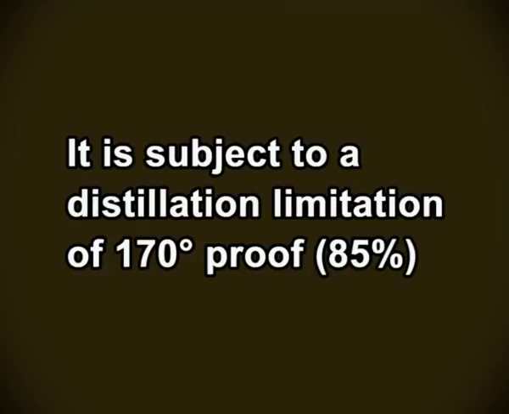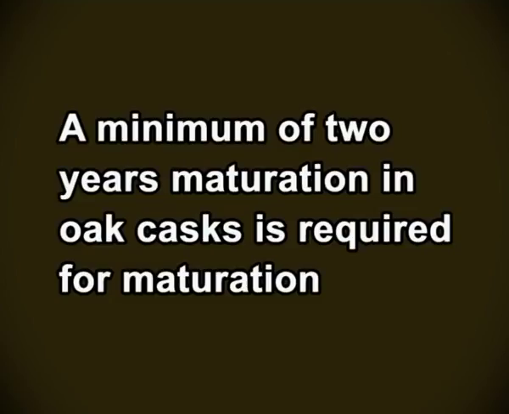It is subject to a distillation limitation of 170 degree proof, that is 85%. The fermented liquor is double distilled without previous storage in pot stills. A minimum of 2 years maturation in oak cask is required.